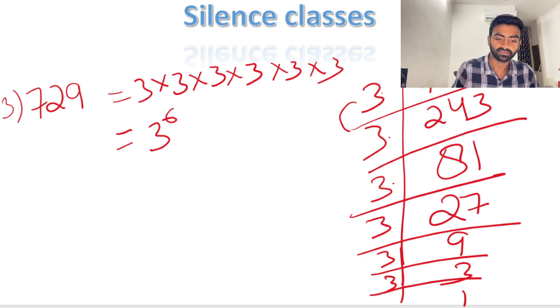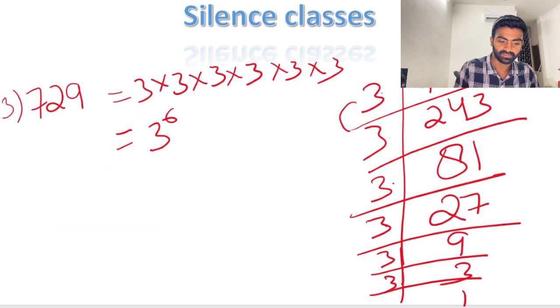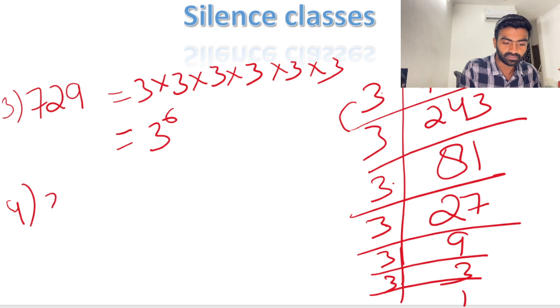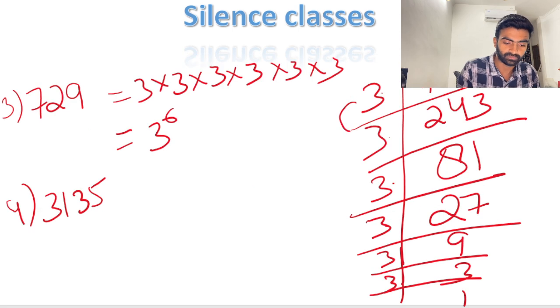3 to the power 6, and this is the answer. I hope you guys understood. Now the last one is 3125. 3125, sorry, it's 3125.